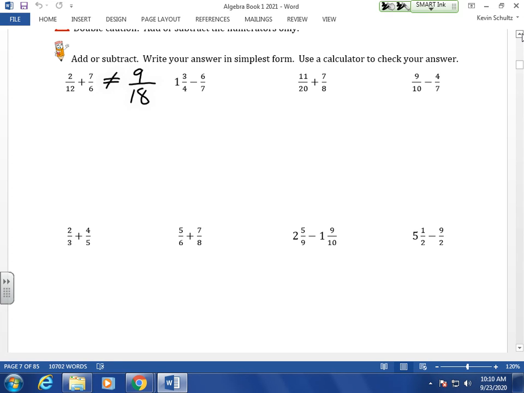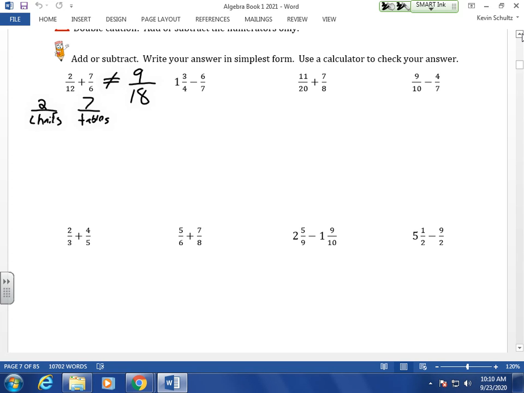When you think of a denominator, think about it as a thing. Let's say that instead of twelfths, we were talking about chairs. So we have 2 chairs. And instead of sixths, let's say that's tables. 2 chairs, 7 tables.